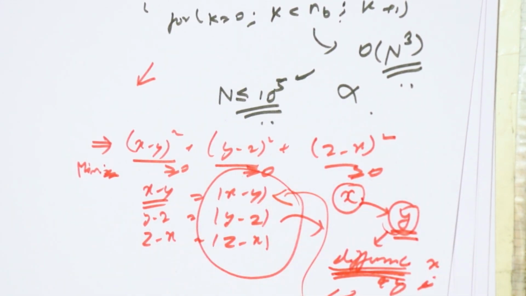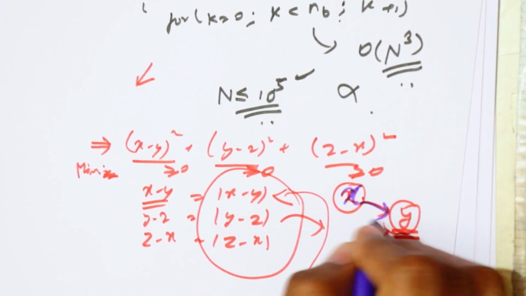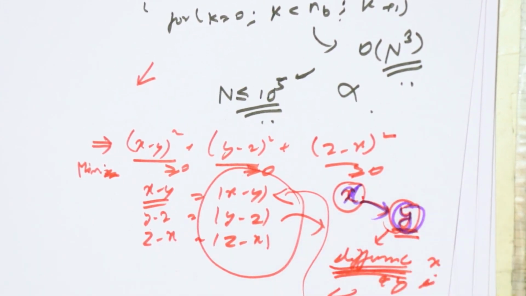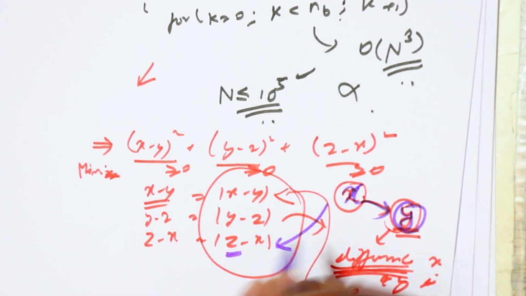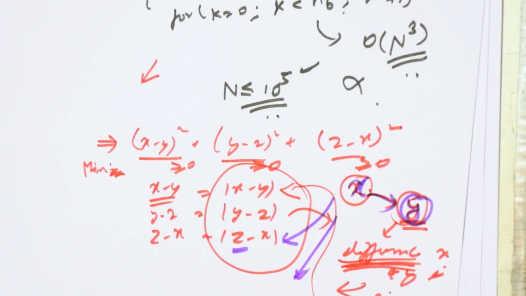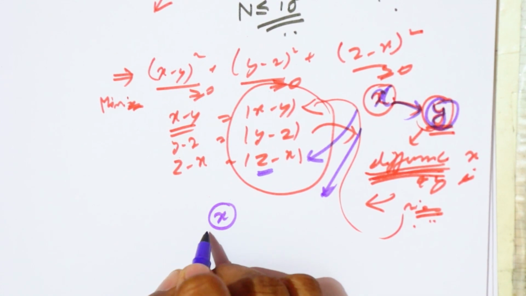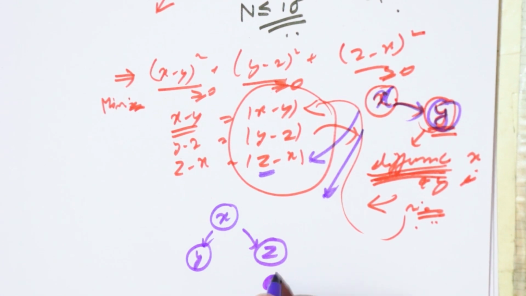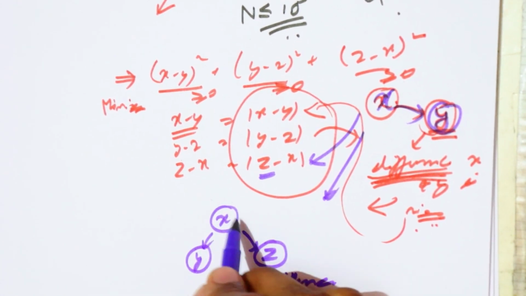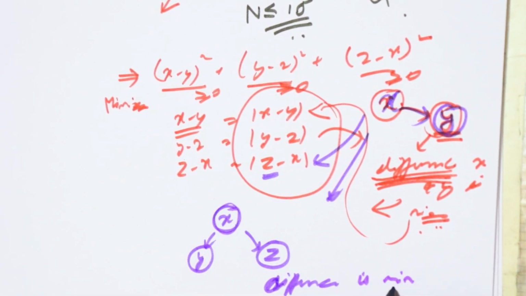Similarly, we need to choose a z for the same condition. So if I randomly choose an x, then I have to choose a y and a z so that the differences of x, y and x, z are minimum.